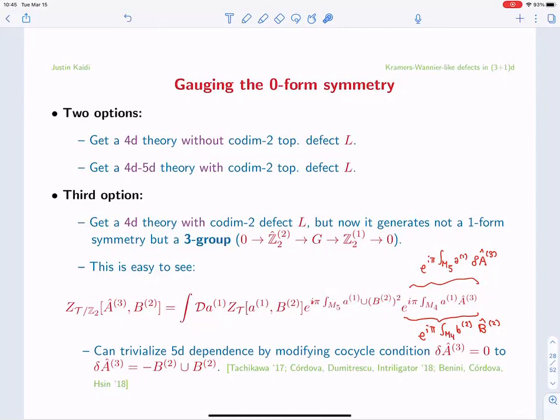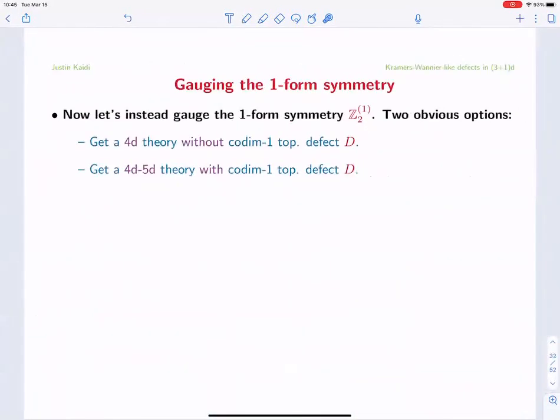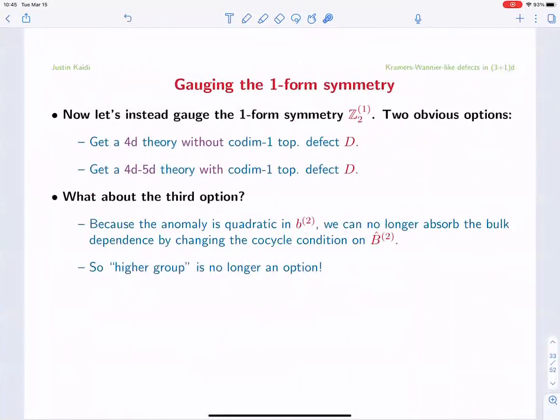So I can't just absorb this dependence by changing the cocycle condition for b hat 2. And so I can't seemingly use the same tricks as before. So it seemed like I only have these two options. But the main point is that there is again a third option. It's just not a higher group anymore, it's something else.